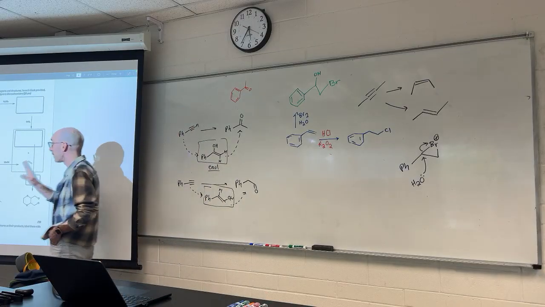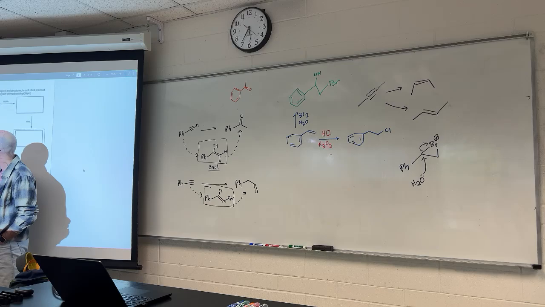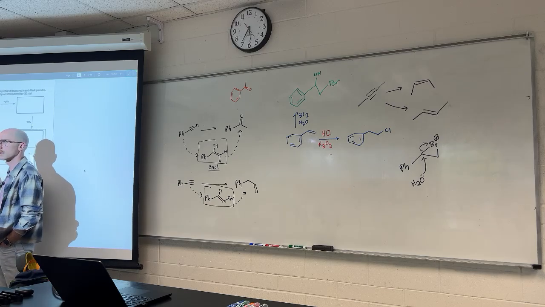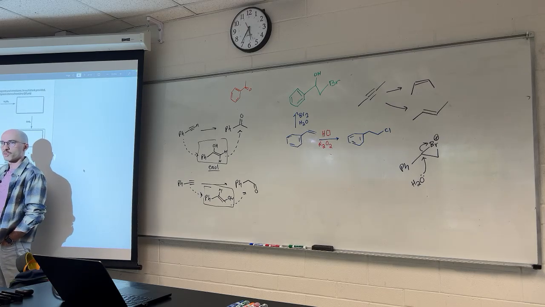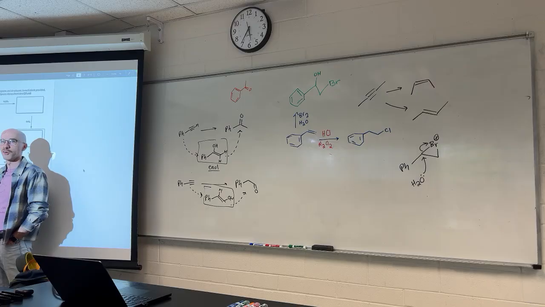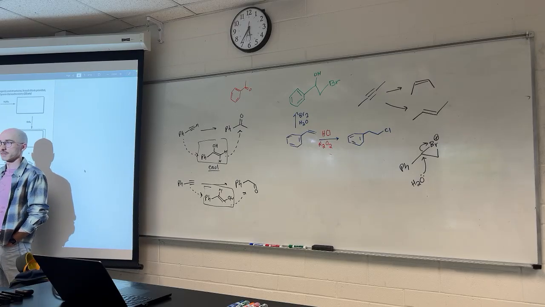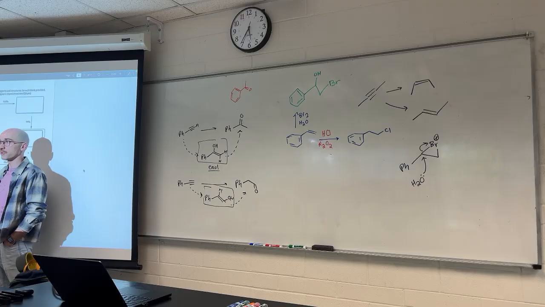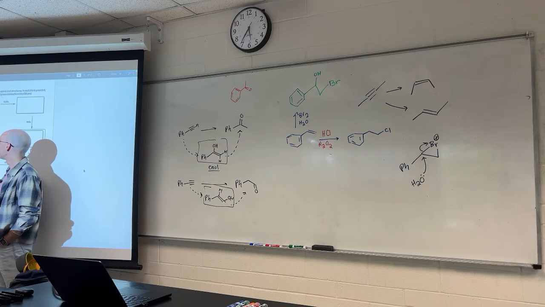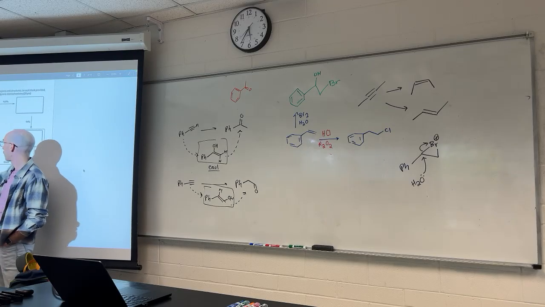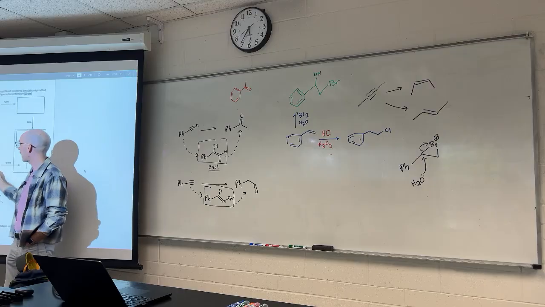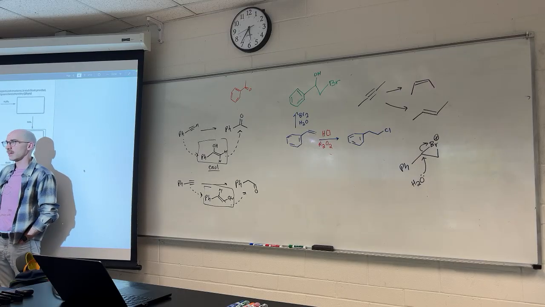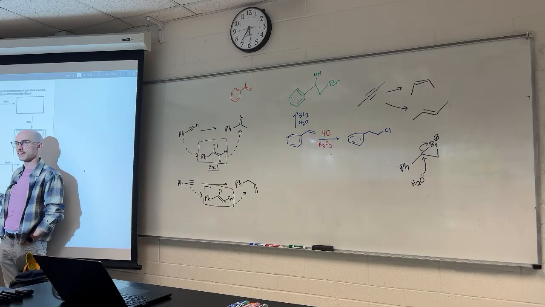One thing that maybe is the most challenging is a spot like this, where you've got 3 blanks in a row. That is a true synthesis problem for you. I'm not giving you the guardrails there. You have to be able to figure out what this could have come from and what reagent would be necessary.